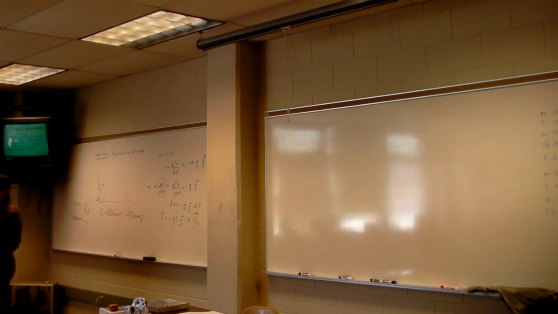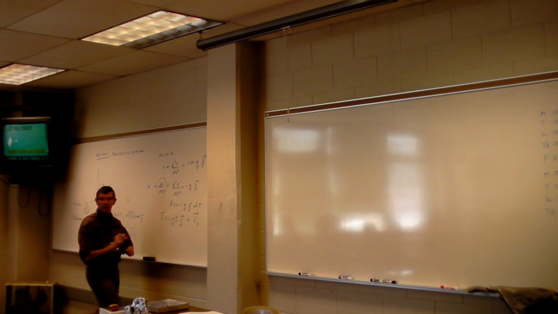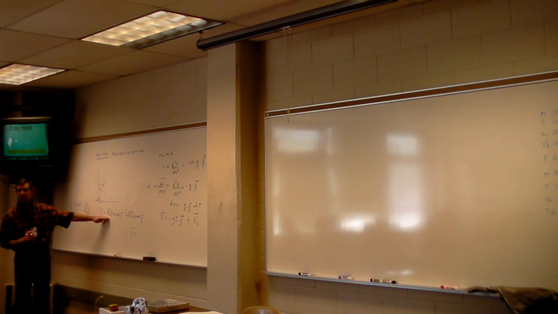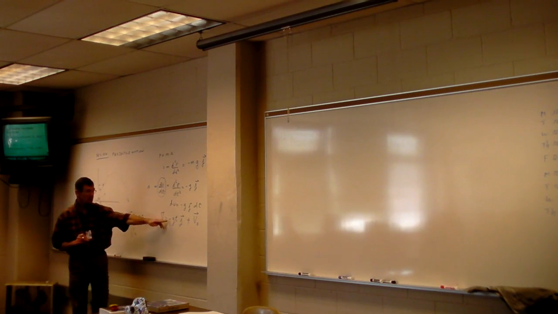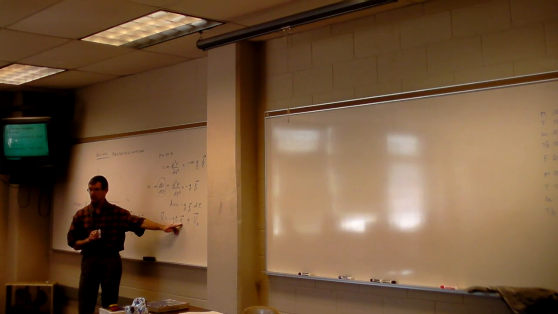Okay? So what is the velocity vector? The velocity vector is the initial velocity, which is this, plus the minus gravity times time, j vector.